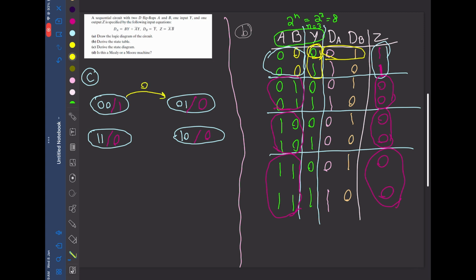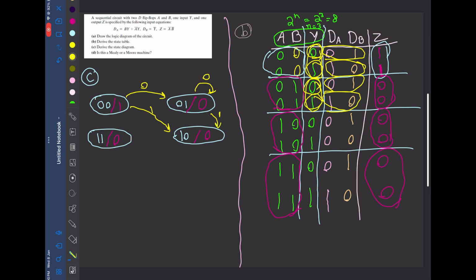Now with the input 1, it goes from where? From 00 to 10. If you knew how it's done, do it yourself. So in 01, the input 0 took us to 01, which is the same place, so we do a loop like this. And the 01 with 1 input took us to 10.